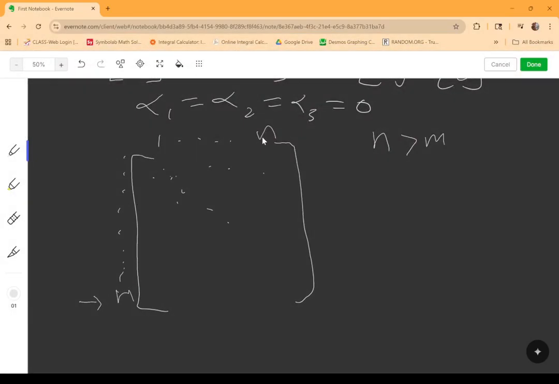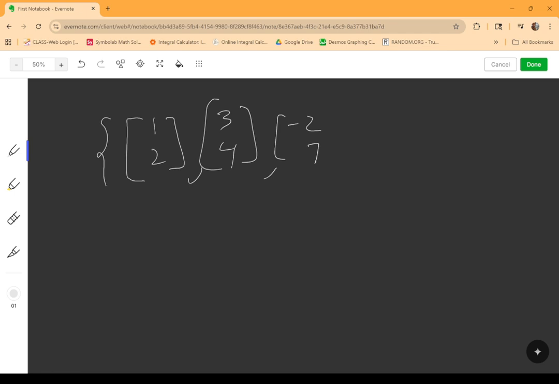Let's say we're asked to find whether this set of vectors is linearly independent or linearly dependent, and why.